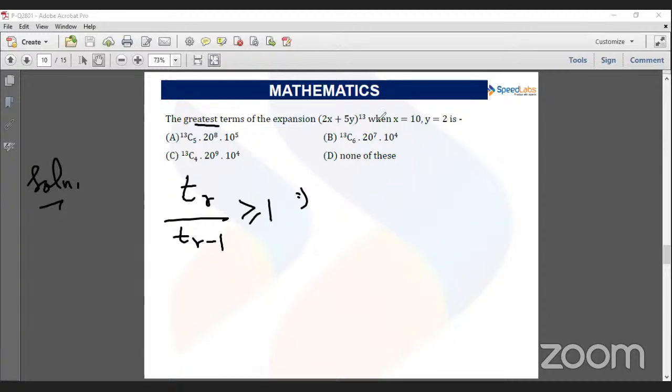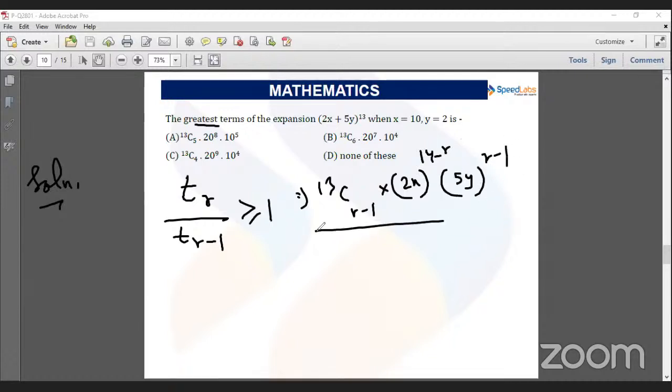So t(r) would be 13C(r-1) into 2x power 14 minus r into 5y power r minus 1, upon 13C(r-2), 2x power 15 minus r and 5y power r minus 2. It has to be more than or equal to 1.